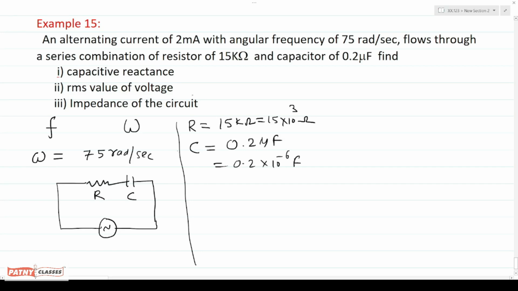We need to find capacitive reactance, that means XC, RMS value of voltage, VRMS, and impedance, that is Z.